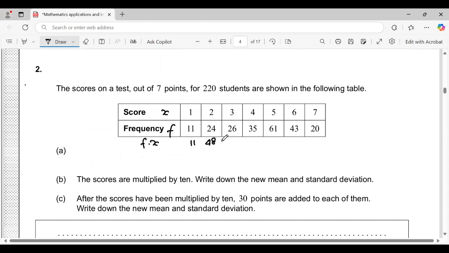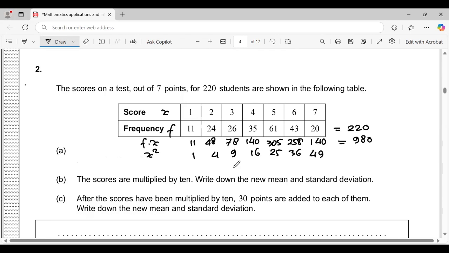F times X: 11, this is 48, this is 78, 140, this is 305, this is 258, and this is 140. If you calculate, the result is 980, while the sum of F is 220. Next, X squared: 1, 4, 9, 16, 25, 36, 49.